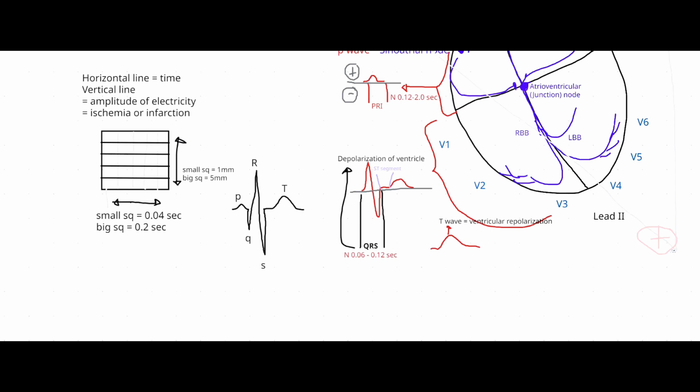So why is there still electricity during rest? It's because the electrolyte that's supposed to go back into the cells is still active, right? Which electrolyte is that? Potassium, right? Because that's intracellular.